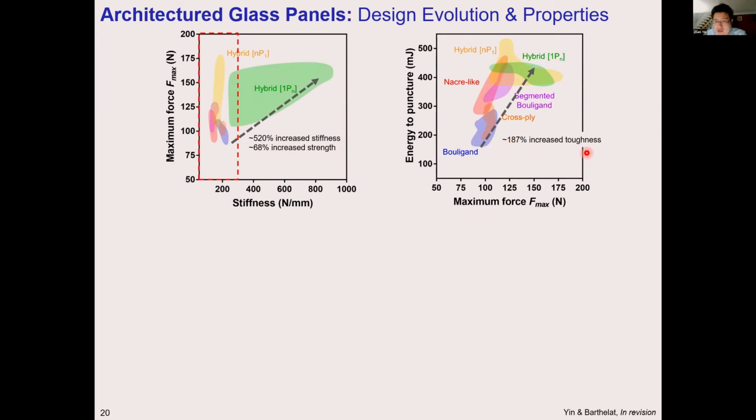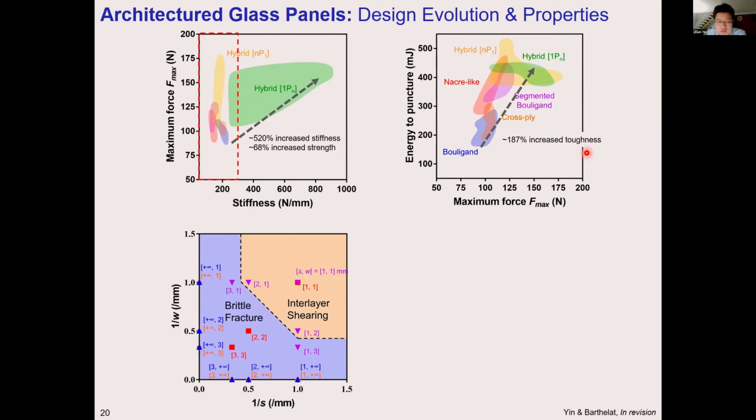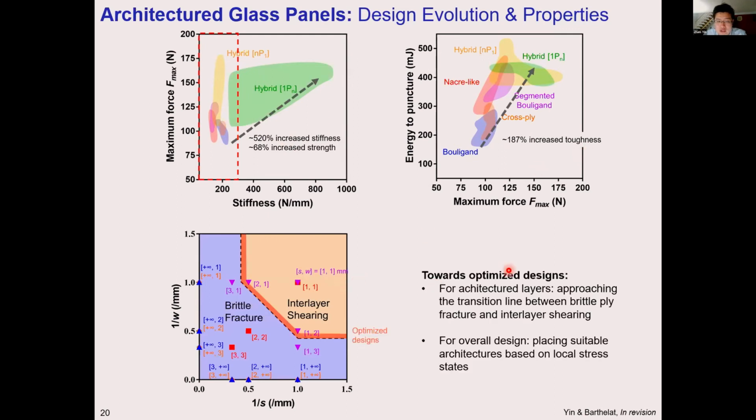So we can conclude our design principles: for architectured layers, we need to find the transition line between brittle ply fracture and interlayer shearing. And for the overall design, we need to place suitable architectures based on their local stress states so that we optimize the overall layout of the structures.